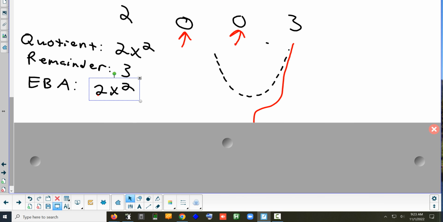The further apart the degree in the numerator and the denominator, the worse the EDA gets. Like if the degree in the top was a 5 and the degree in the bottom was a 1, the difference between a 5 and a 1 is a 4. So that means your EDA would have a degree 4. That's a more complicated EDA than even a parabola. Right?